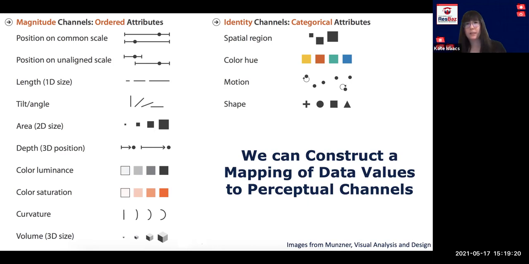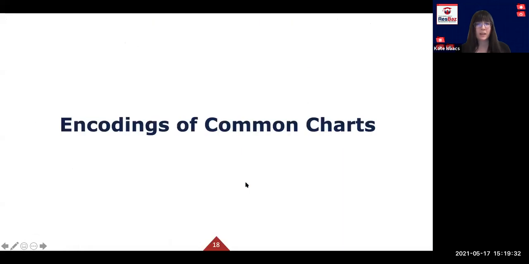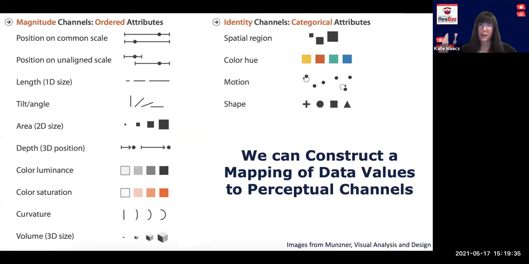We can also do things like shape. Maybe we can put things into region. And so a lot of experiments have been done to try to see what people estimate better in terms of the channels. Oh, and these are kind of in vague order list of how effective they are. So people are really good at telling the difference on position on a common scale.